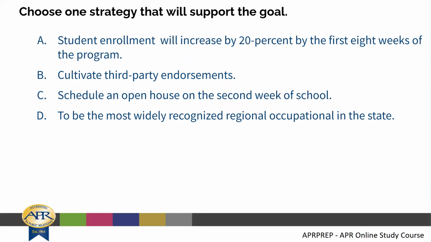Choose one strategy that will support the goal. A, student enrollment will increase by 20% by the first 8 weeks of the program. B, cultivate third-party endorsements. C, schedule an open house on the second week of school. D, to be the most widely recognized regional occupational center in the state.